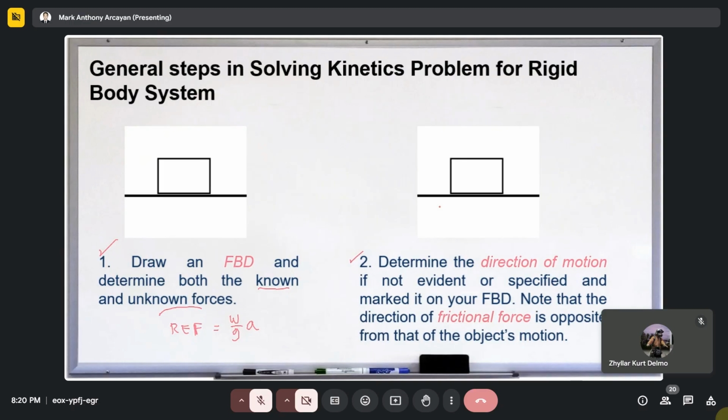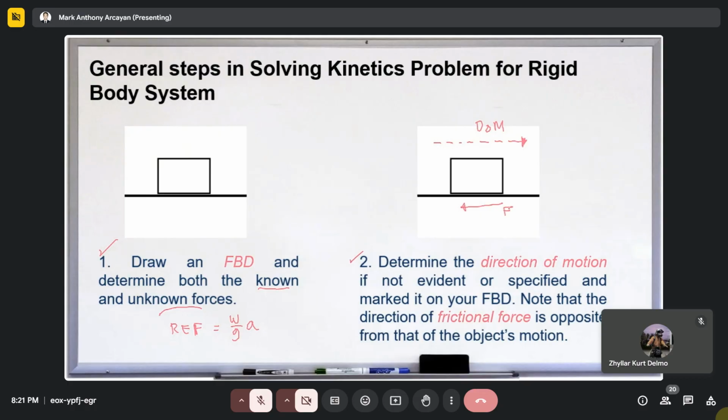Okay. And then note that the direction of frictional force is opposite from that of the object's motion. That's the other important thing. When you specify the direction of motion, just like this one, I specify here the direction of motion, which is to the right. Therefore, if there is any presence of frictional force, then you have to oppose that one.